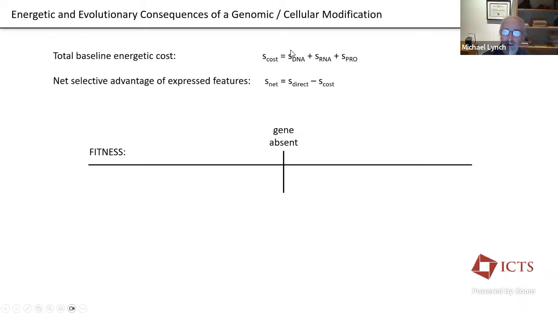It's going to have a cost at the DNA level. It lives on chromosomes. At the RNA level, the gene is transcribed into RNA and then eventually into the cost of proteins that you want to make. And so you can think about that as the total cost of a gene without respect to whether the gene is doing anything for you whatsoever.